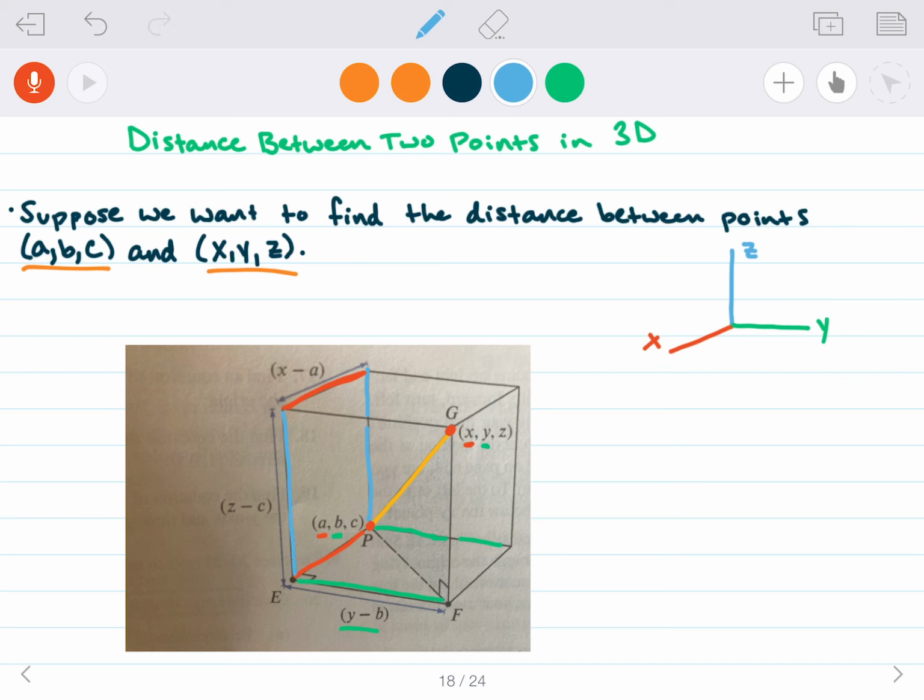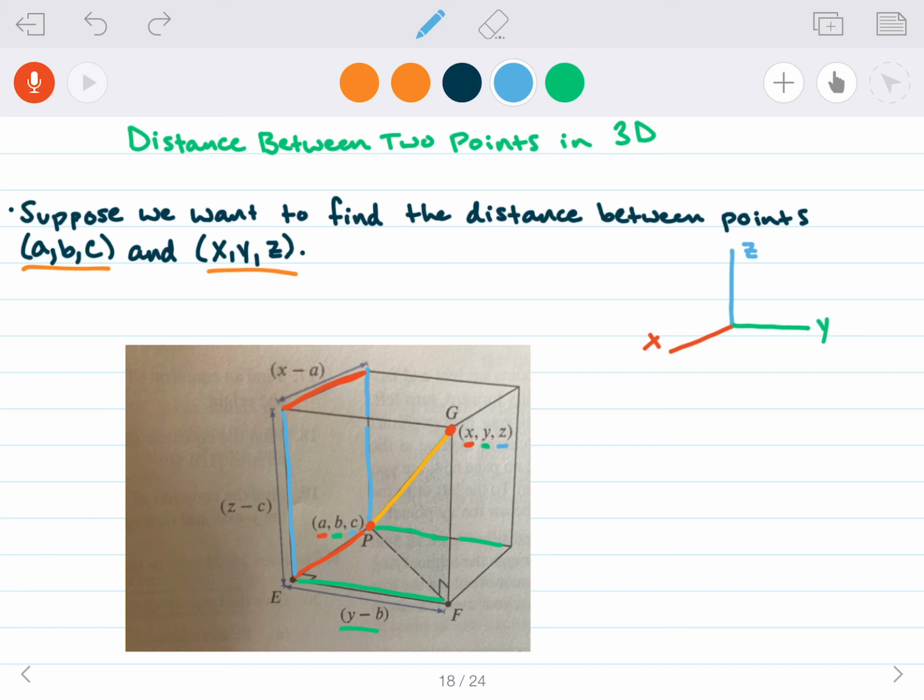This is the difference in the Z values between Z and C, right? That's going to be the difference in height, basically. And we can see that because C is flat on the ground, but up here, Z is way up here. So the difference between the two is this segment right here, and hopefully that makes some sense to you guys.